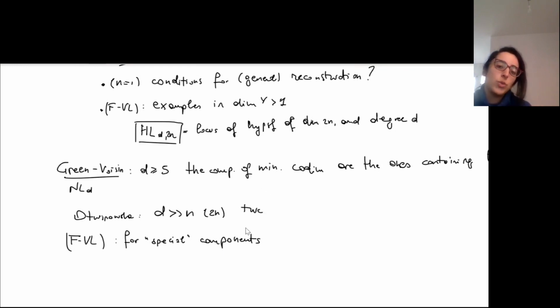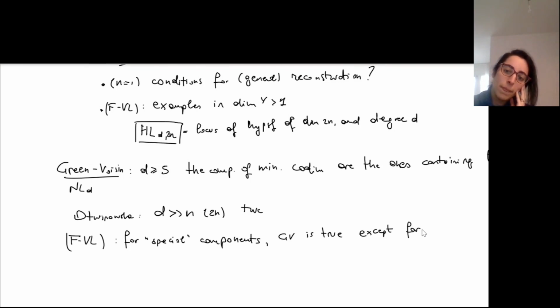So they restrict to subclasses of components in which we know which is the minimum and which we know more, and for these special components they found that Green's result is true, so clearly not lines but linear subvarieties of dimension n, except for d equal to 3, 4, and 6.